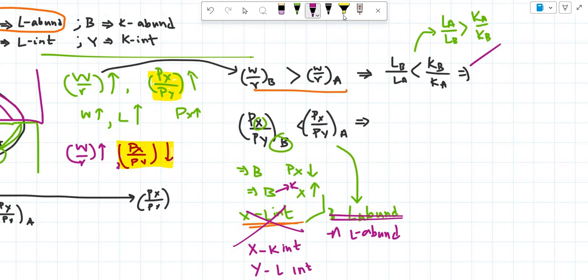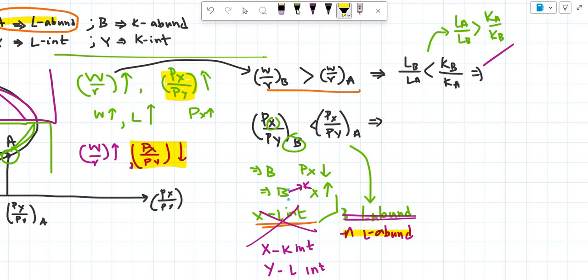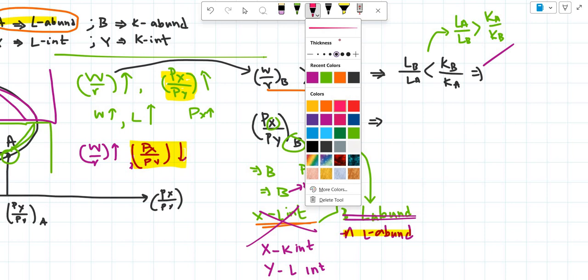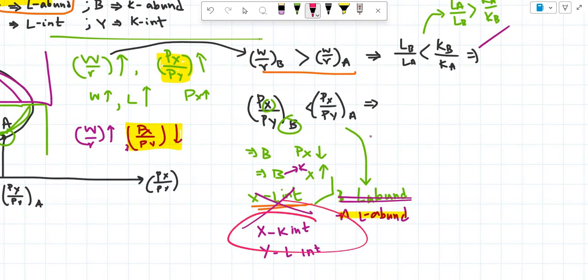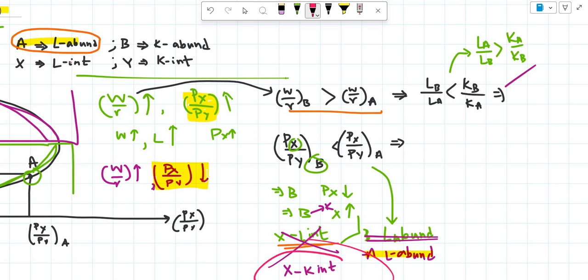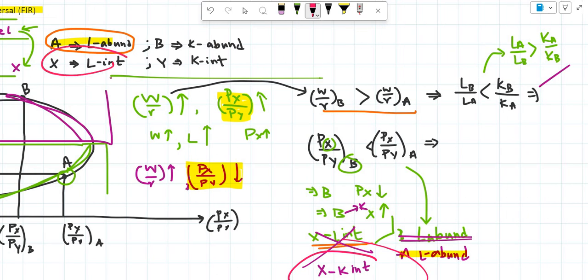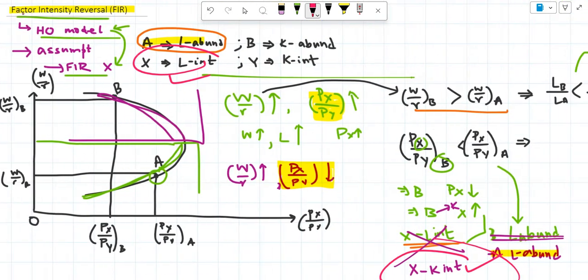If you have to make sure that A is labor abundant in both cases, in one situation you have to say X is capital intensive, and in the other situation, X is labor intensive. So that means the intensity reverses.